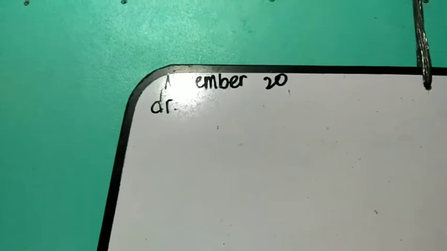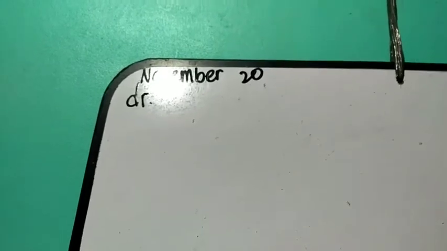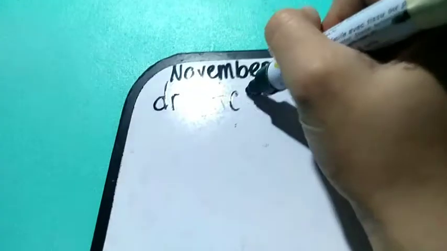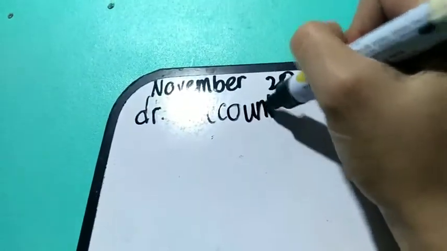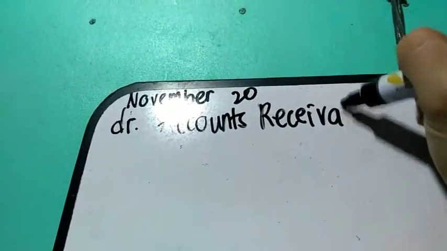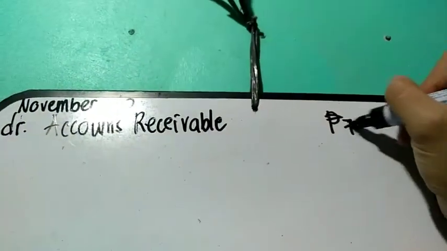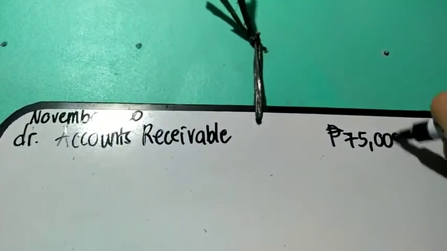Therefore, what's in it for you? So you have a receivable. So your debit is accounts receivable, amounting to 75,000 pesos.